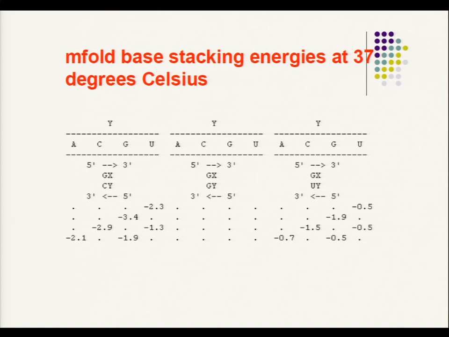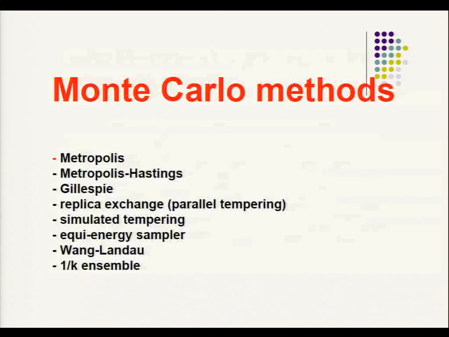This is an example from Turner, where the terminal base pair is GC, for each one of 6 possible choices of base pairs: AU, UA, GC, CG, GU, and UG. There are different measured free energy values for base stacks. So, that is an overview of RNA structure and thermodynamics.